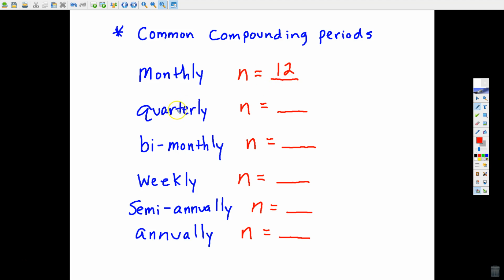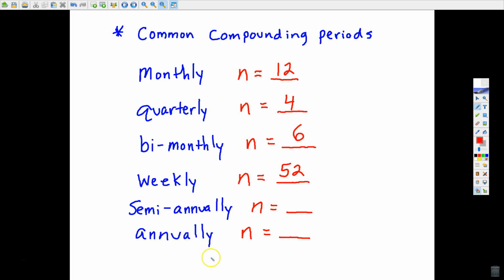What about quarterly? N would be 4. Bi-monthly. That means, bi means think of every other month. 6. If the problem told us that interest was compounded bi-monthly, we would plug 6 in for N. Weekly? 52. 52 weeks in a year.